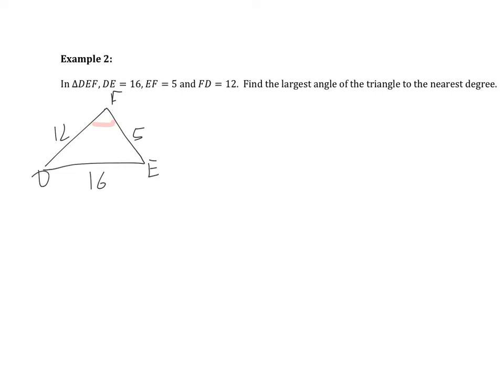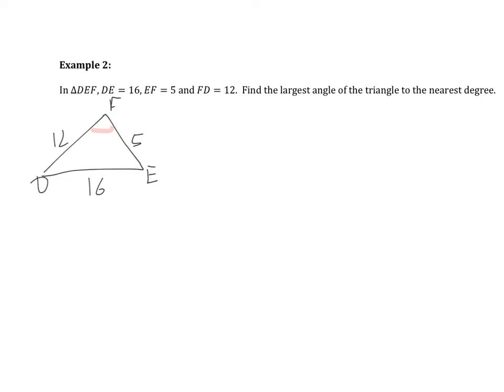We're going to have 16 squared equals 5 squared plus 12 squared minus 2 times 5 times 12 times the cosine of F.